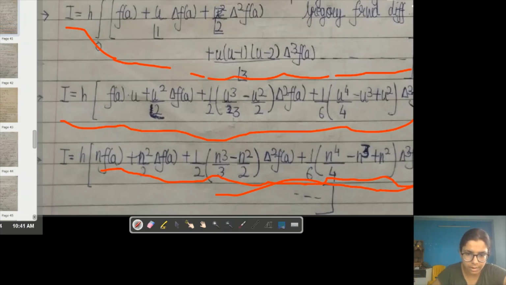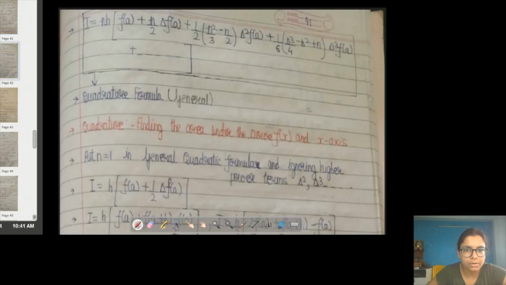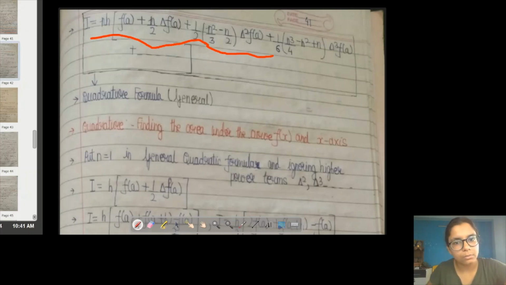We have seen this at the starting of this proof, and after this we would get a generalized form of the whole formula, which is this: I is equal to nh fa plus n² delta fa by 2 plus (n³ by 3 minus n² by 2) delta² fa by n plus 1 by 6 (n³ by 4 minus n² plus n) delta³ fa. And this is the generalized form of the whole quadrature formula.